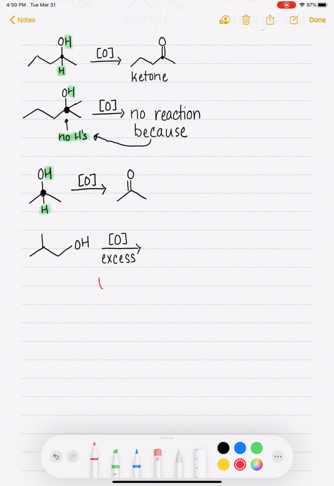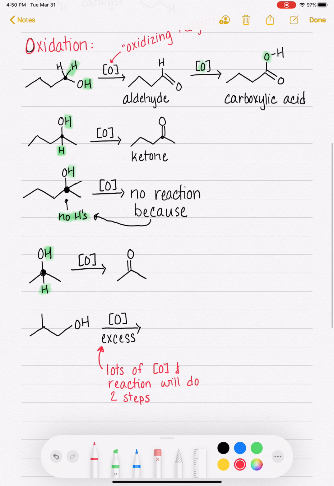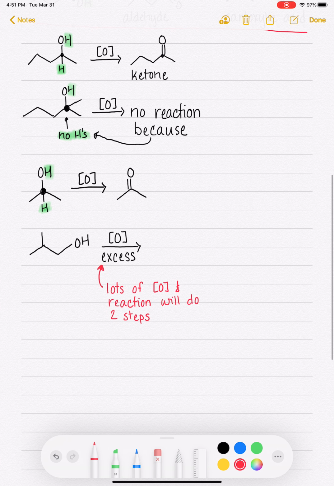So when we see the word excess in this reaction, that means that we have lots of the oxidizing agent, and the reaction will do two steps. Let's scroll back up and see what that means. Two steps all the way. We've got plenty of oxidizing agent. We're going to just do one step at a time though.